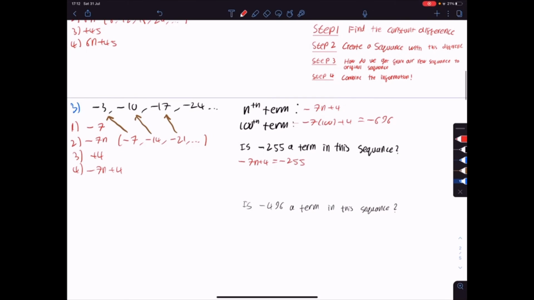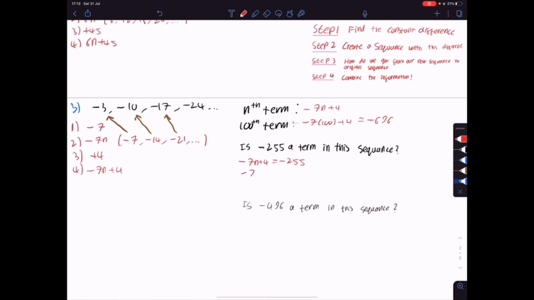So if there exists an n for which this equation is true, then -255 is a term in our sequence. So all we need to do is solve for n, or find n, and ask ourselves, is that a positive whole number? So we just need to rearrange this equation.